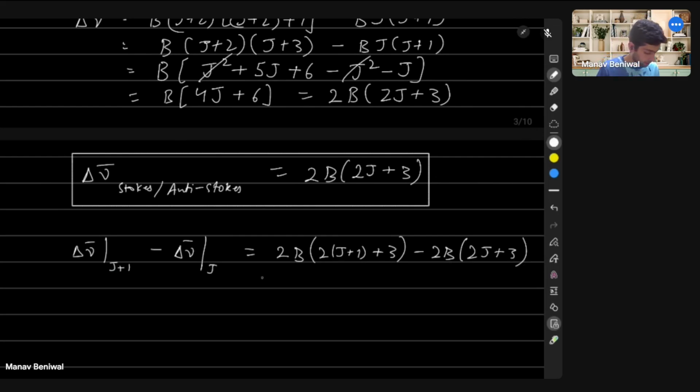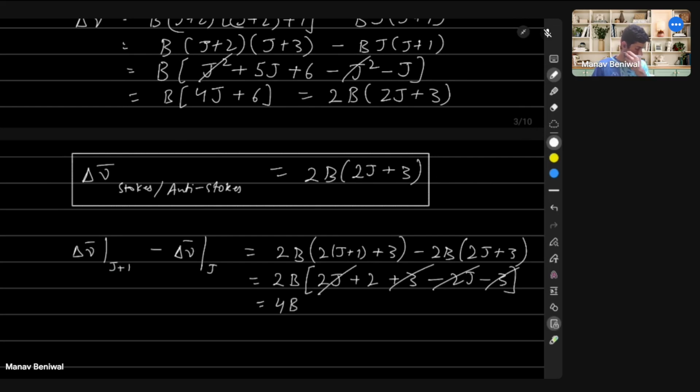Let's take 2B outside. This becomes 2J plus 2 plus 3 minus 2J minus 3. The terms cancel out, giving us simply 4B.